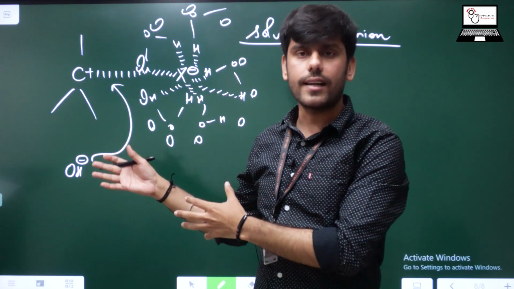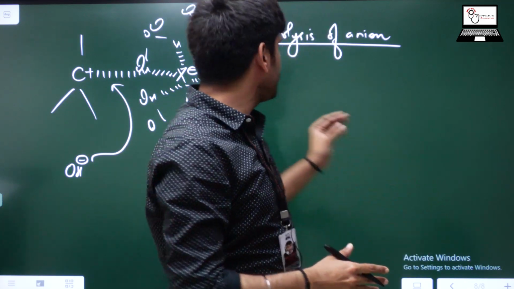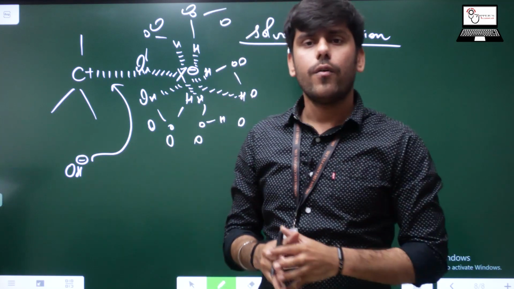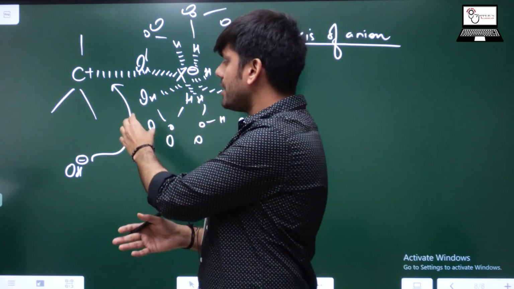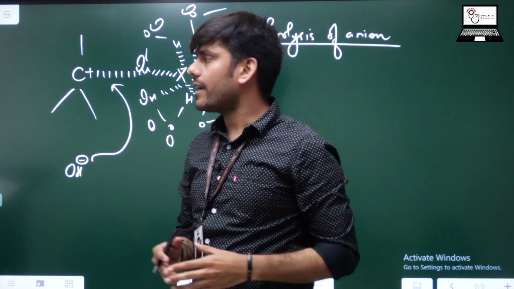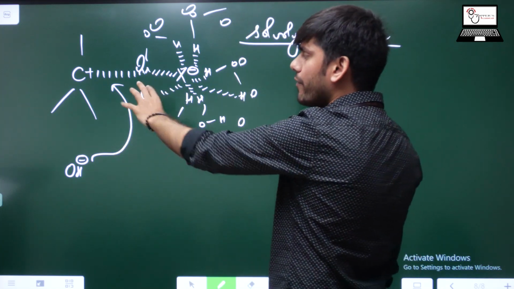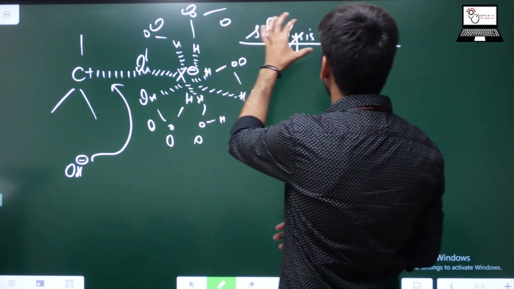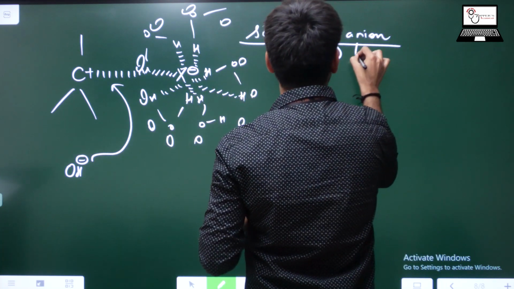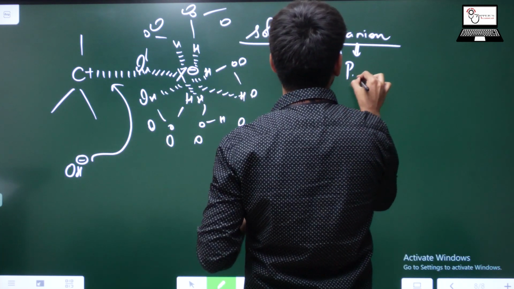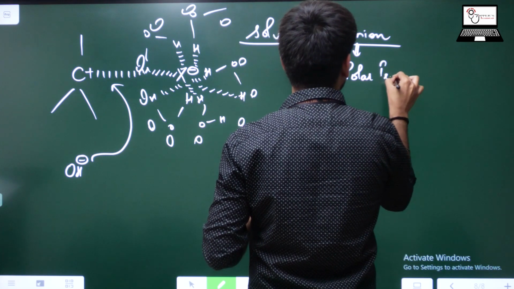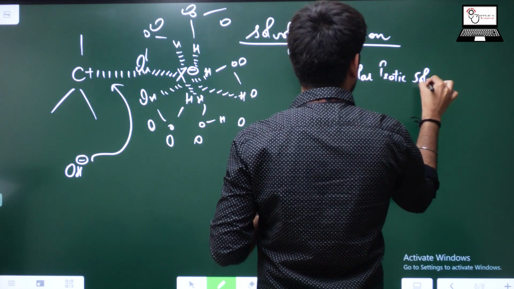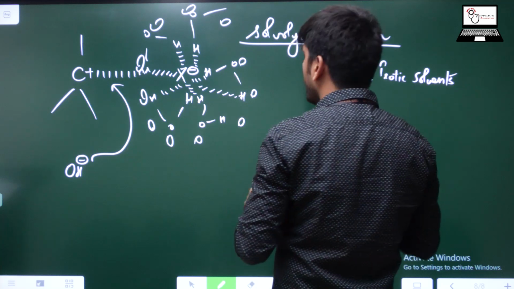Front side attack is possible, though not with equal probability as compared to the backside attack. But yes, we have front side attack which is somehow possible, because of the solvolysis of the anion, and this is the reason why these reactions are favored in the presence of polar protic solvents.